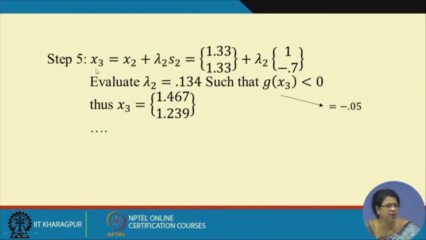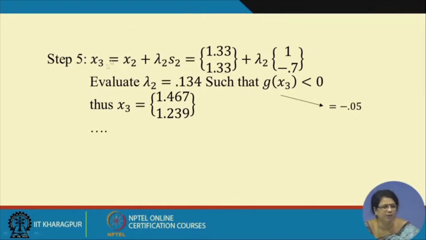How can we move? I will go to x3. I will find out x2 plus lambda 2 s2, where x2 is (4/3, 4/3) plus lambda 2 s2 is this one. From here again we can find lambda 2 with the optimal condition, that for f(x3) we consider at what point this is minimum, where the first order derivative is 0.